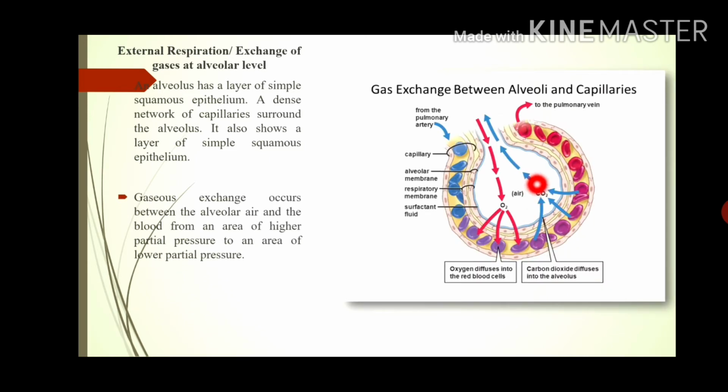Here inside, the oxygen is maximum, while in the blood capillaries carbon dioxide is maximum. So the partial pressure of oxygen is more in the alveolus, while the partial pressure of carbon dioxide is more in the blood capillaries, and that is why carbon dioxide diffuses into the lungs, while oxygen is diffused into your blood capillaries.